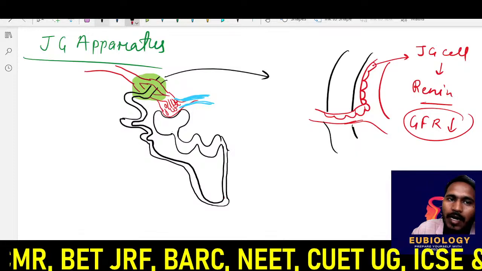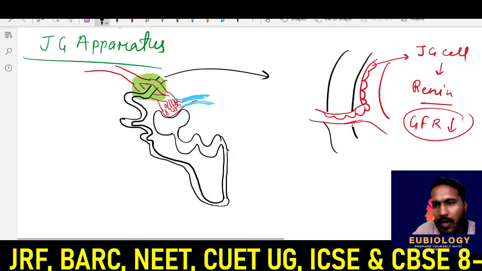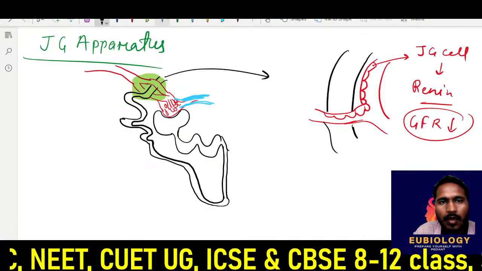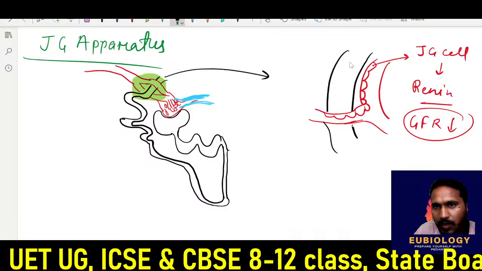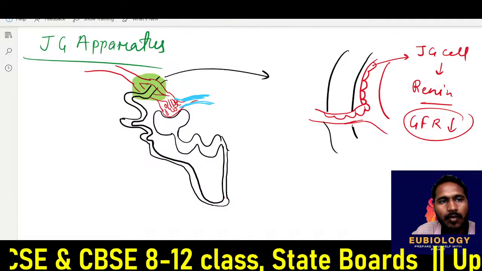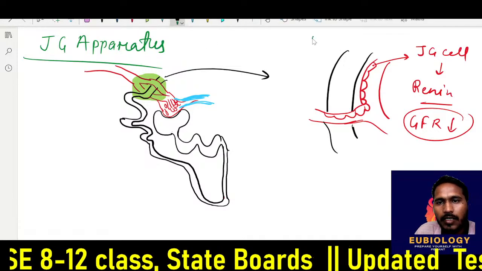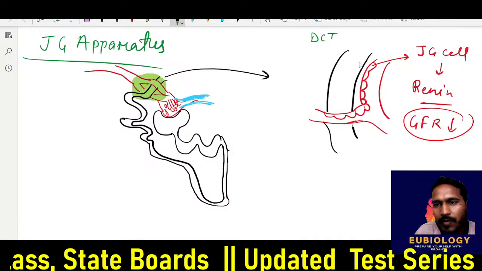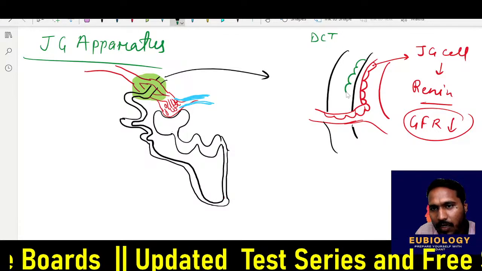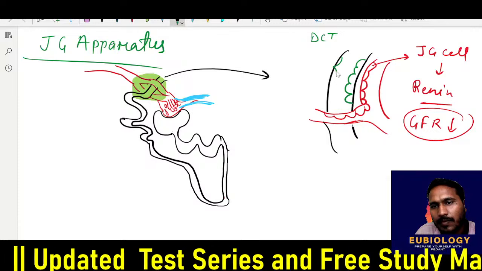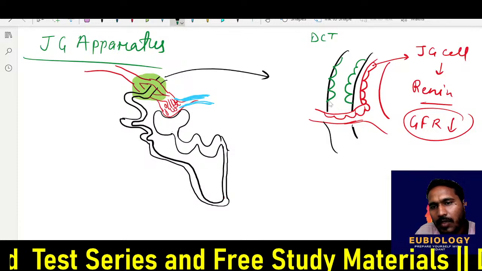How this command system goes, we will not read now, but we will see what the cells in this are. This is our DCT. The DCT has a special kind of cells called macula densa. It is in the DCT only.